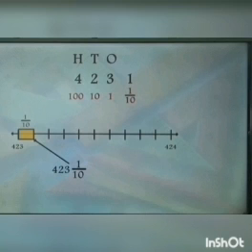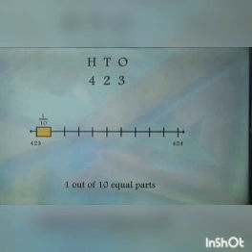Now if I take the part between 423 and 424 and divide it into 10 equal parts, each part would represent 1/10. So this number is actually 423 and 1/10, because 423 plus 1/10 gives me 423 and 1/10.